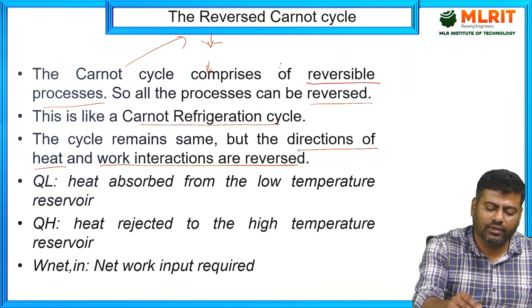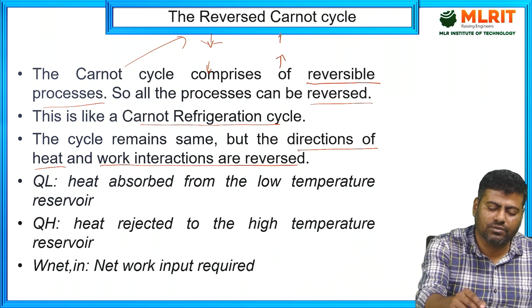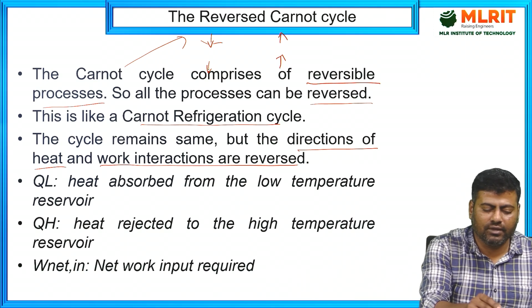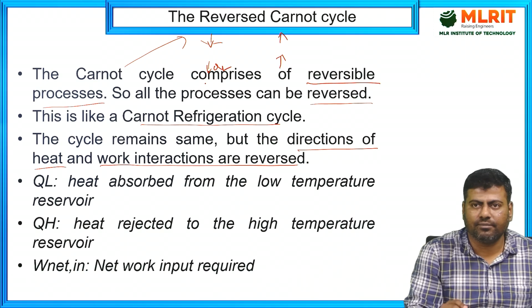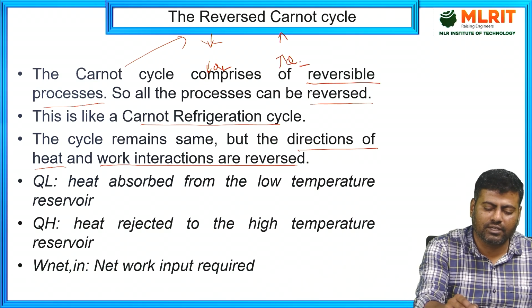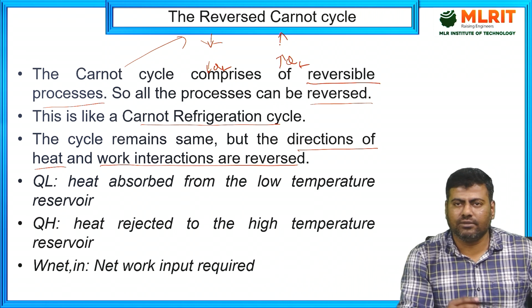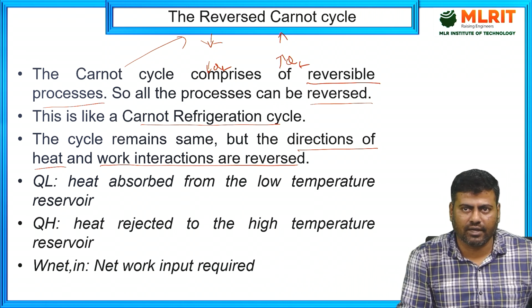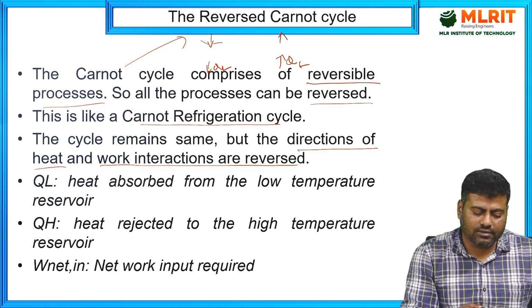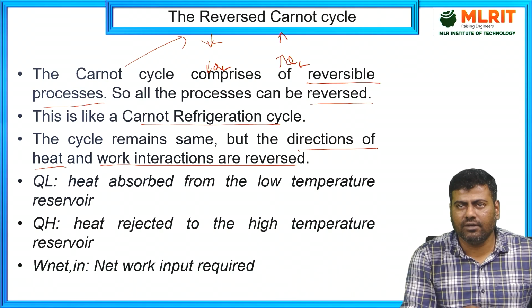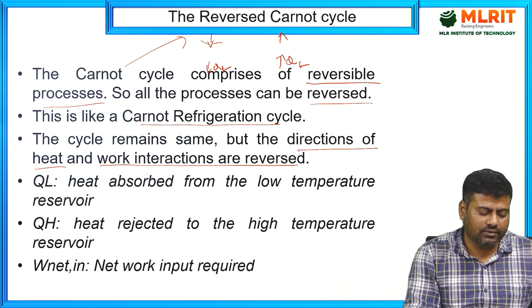Here, QL is towards the working substance and QH is towards the atmosphere. That is the reversed condition. Otherwise, it is similar to the Carnot cycle, and the cycle remains the same.